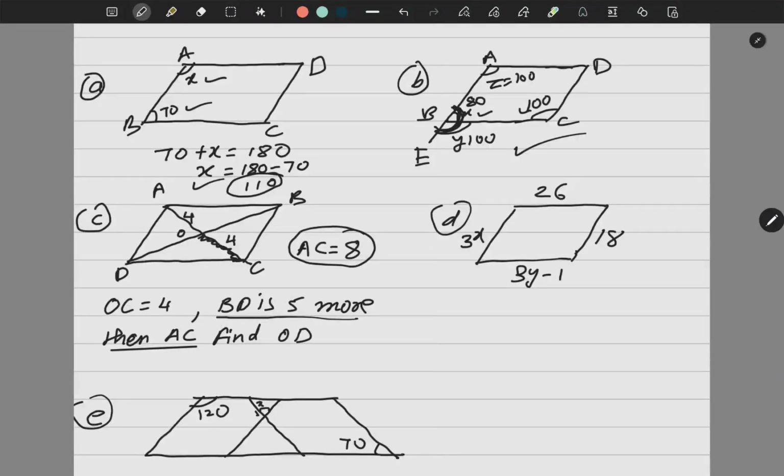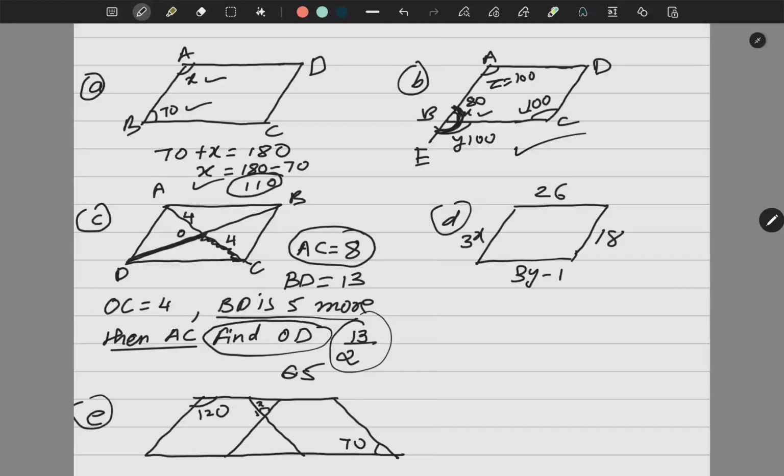They are saying BD is 5 more than AC. So BD is equal to 13. Correct? If BD is equal to 13, what is the question they are asking? Find OD. I know that the diagonal bisects, so OD should be half of BD. So my answer will be 13 by 2, that is 6.5. Easy? So you just have to apply the properties and get the answer.